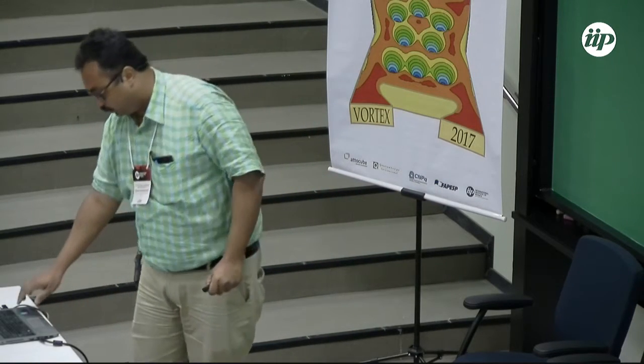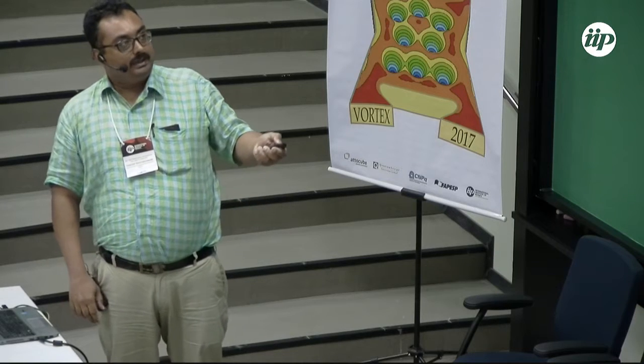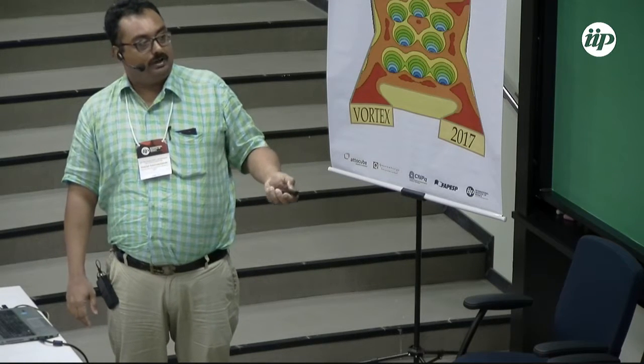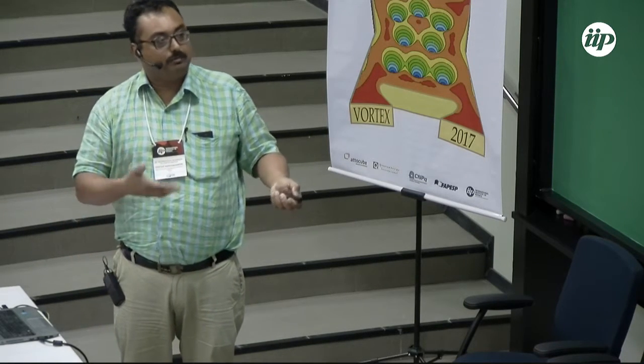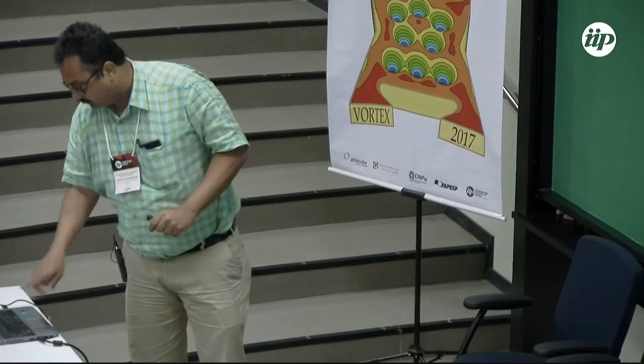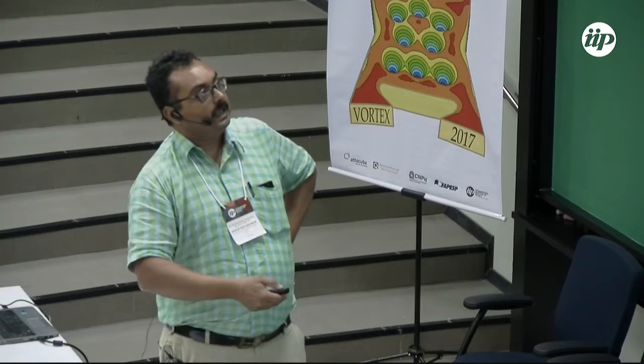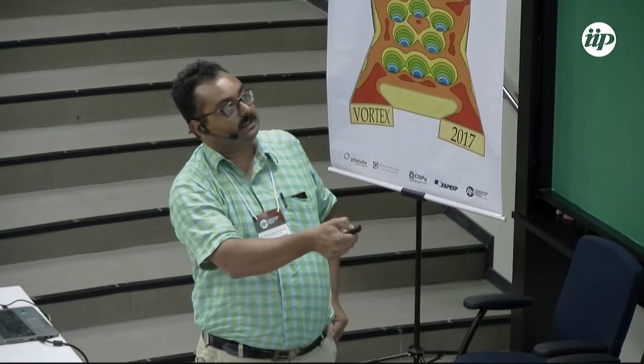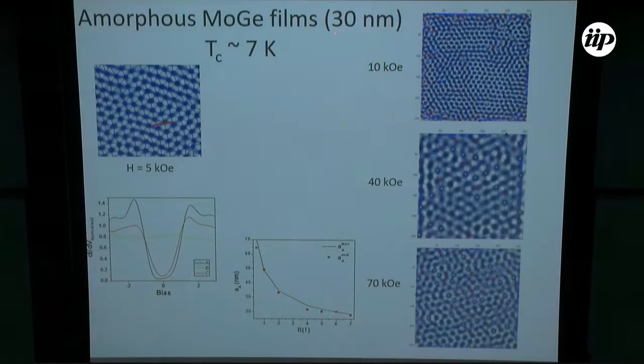If you increase the magnetic field, of course, you have more and more vortices that get in, and eventually, at some point, these vortex cores will overlap, and you lose superconductivity. So this I talked about in the last vortex workshop. This is, for example, another example of an amorphous molybdenum germanium film with a TC of 30, with a thickness of 30 nanometers.